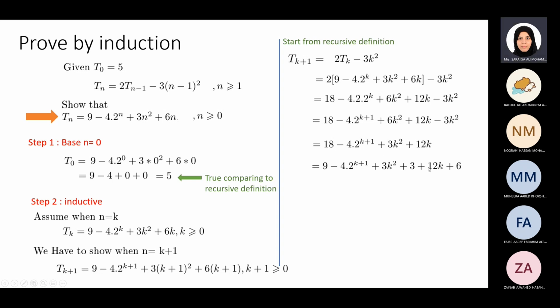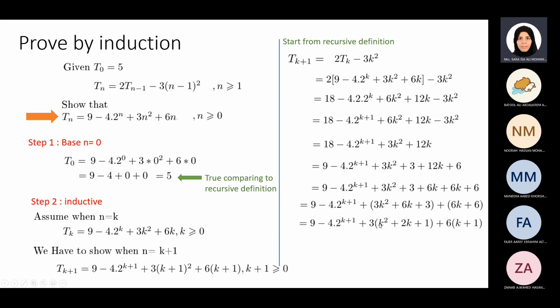So I will also split 12k into 6k plus 6k. Then I will work on these two together, and on these together. Here, I can take 3 as a common factor. Here, I can take 6 as a common factor. What is left here is k squared plus 2k plus 1, which is a perfect square of k plus 1 squared. So we get the right-hand side as it is.